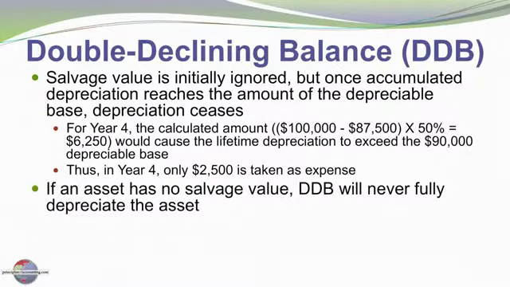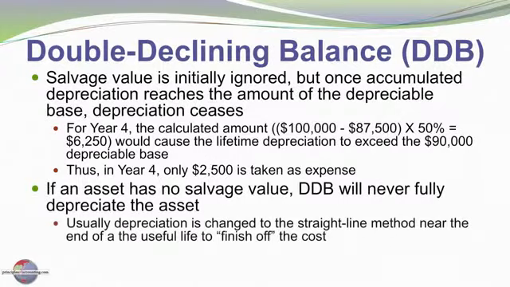If the asset has no salvage value, the double declining balance would never fully depreciate the asset. Usually a company will change to straight line near the end of the useful life of an asset simply to finish off the accounting for the full cost of the asset if there is no salvage value.